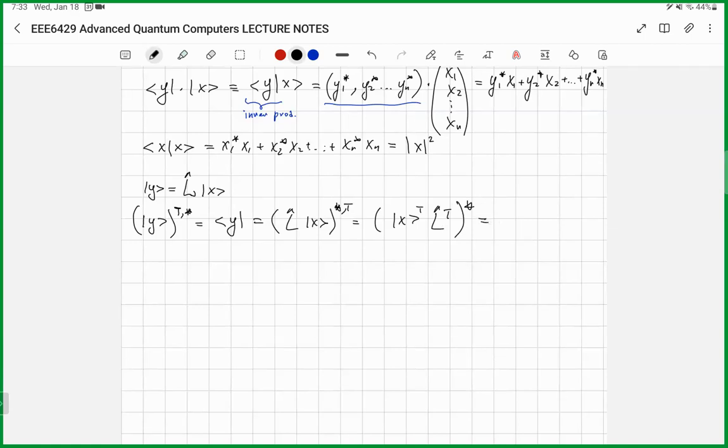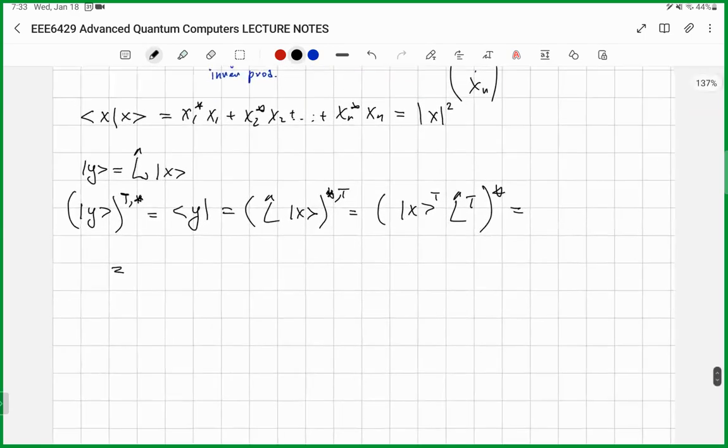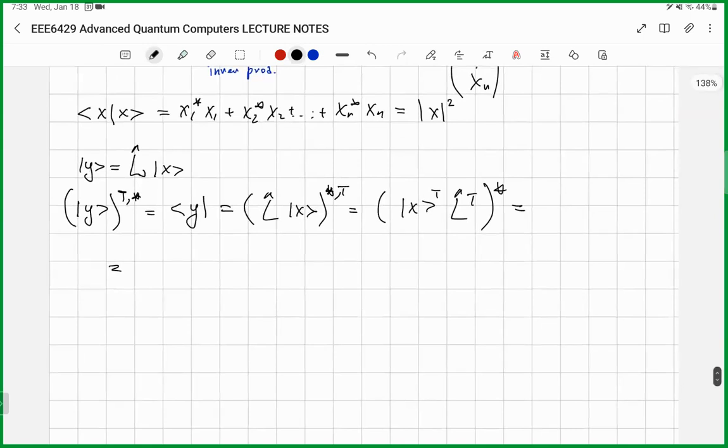Now let's apply the complex conjugation to both. This operation doesn't change the order, and we get x transposed complex conjugated, then L operator transposed complex conjugated.